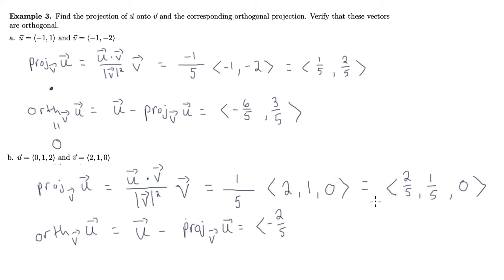And then 1 minus 1/5, so that's 4/5. And then 2 minus 0 is 2.